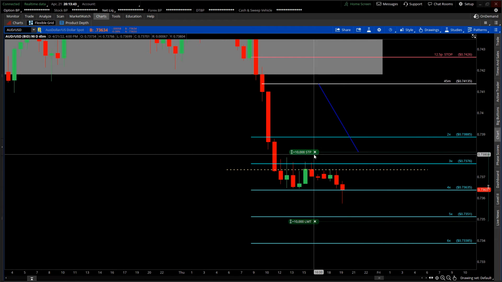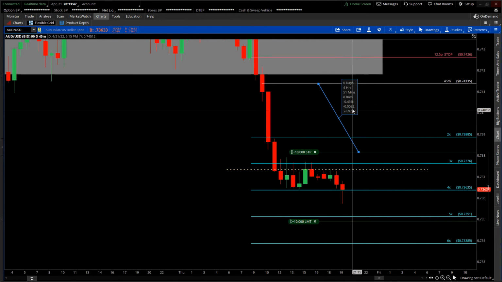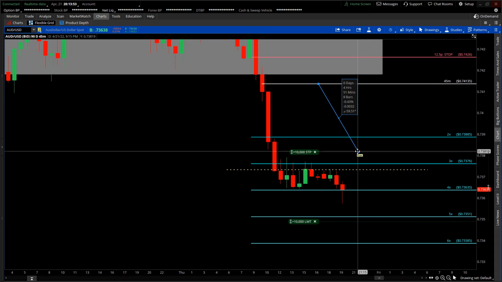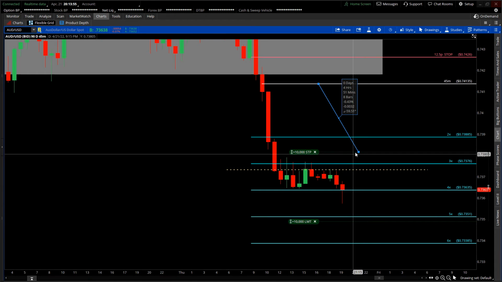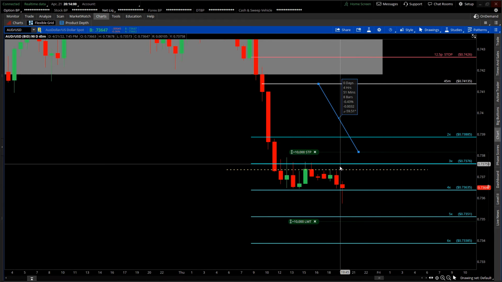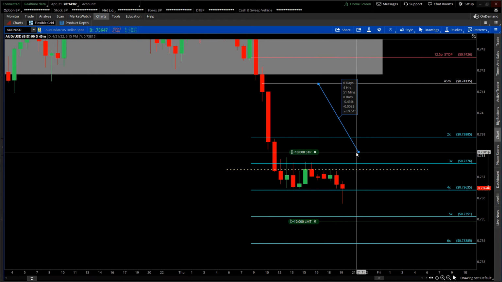So right now, this stop is at 32 pips. So I'm guaranteeing a profitable trade right here if I get stopped out. So it's a win of $32. Again, I'm only trading one mini lot.